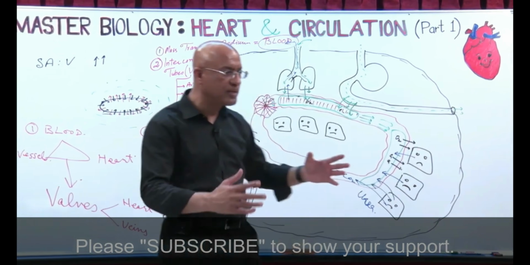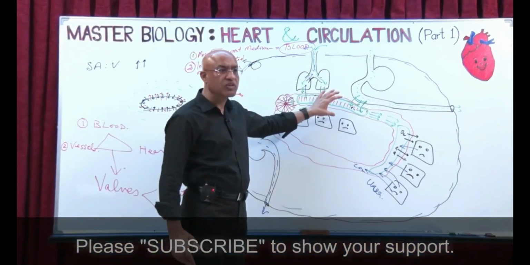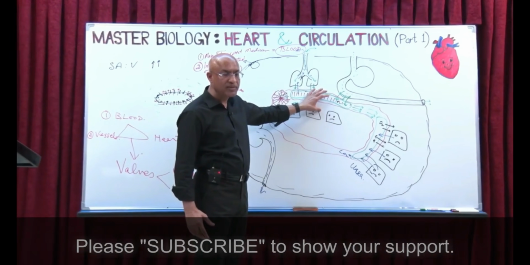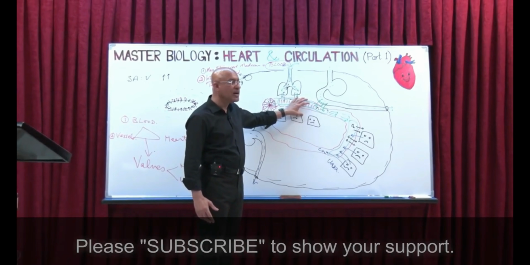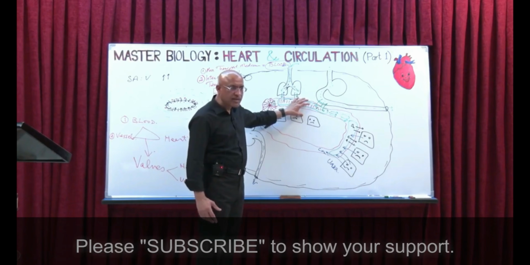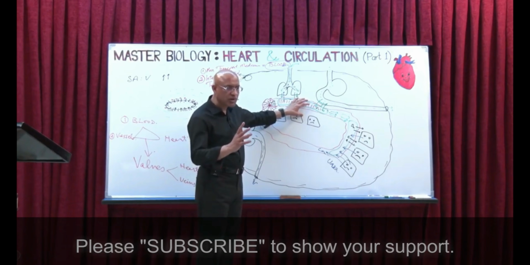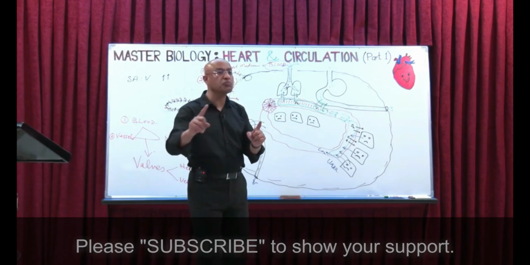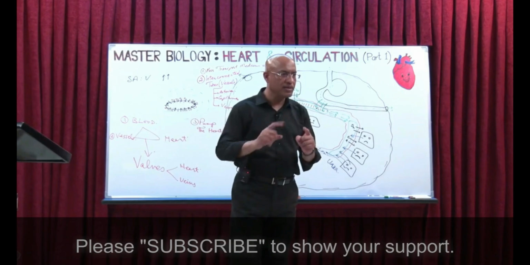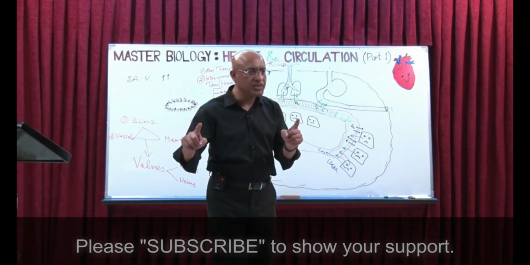For that purpose, a specialized transport system has developed. We call it the cardiovascular system, or we call it the heart and circulation system. What is this system? In this system, the basic requirements are: number one, there should be a mass transporting medium.